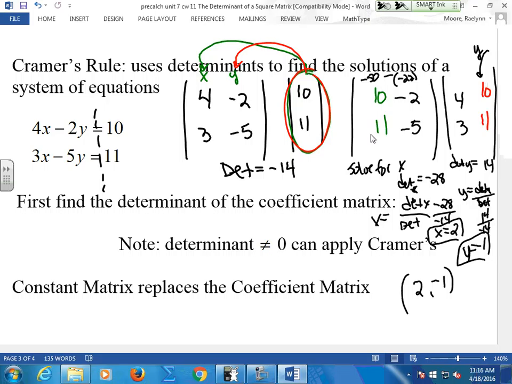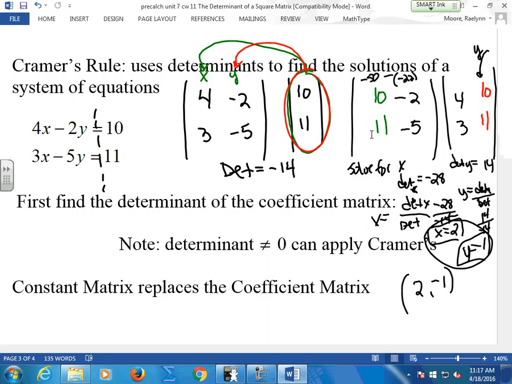But all we're doing is separating your coefficients and your constants, finding the determinant of the coefficients first. Then we're replacing each column with your constants, finding that determinant and making a little ratio here. And that's it. Either that or just make sure you give me an x equals and a y equals somewhere.